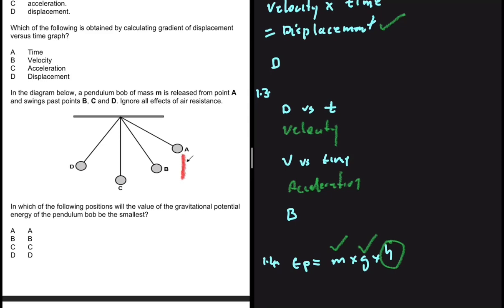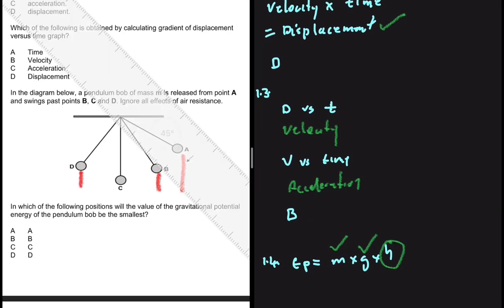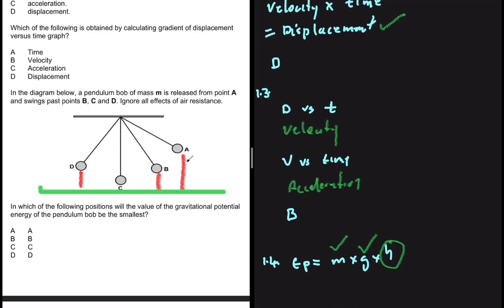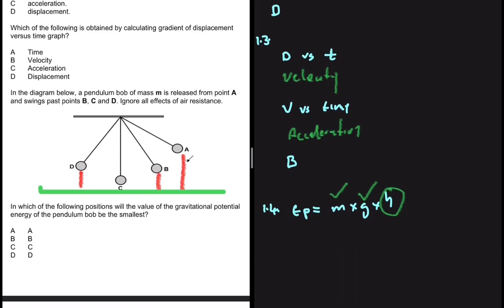A seems like our highest point, and then B and also D. As you can see here, the smallest height is at point C. So the answer here would be option C. The gravitational potential energy is the smallest where the kinetic energy is the highest, and that is at point C.